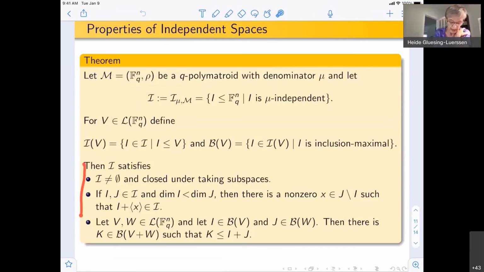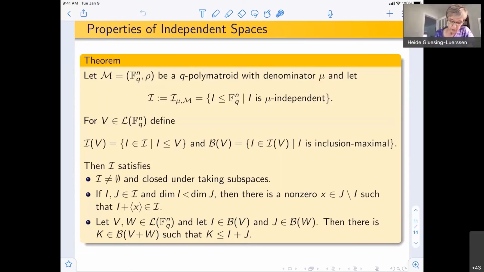That were these 3 items: the standard taking subspaces, the extension property, and this particular basis property with the according definitions. Exactly the same. This is just the collection of spaces. It doesn't say anything about the rank values.